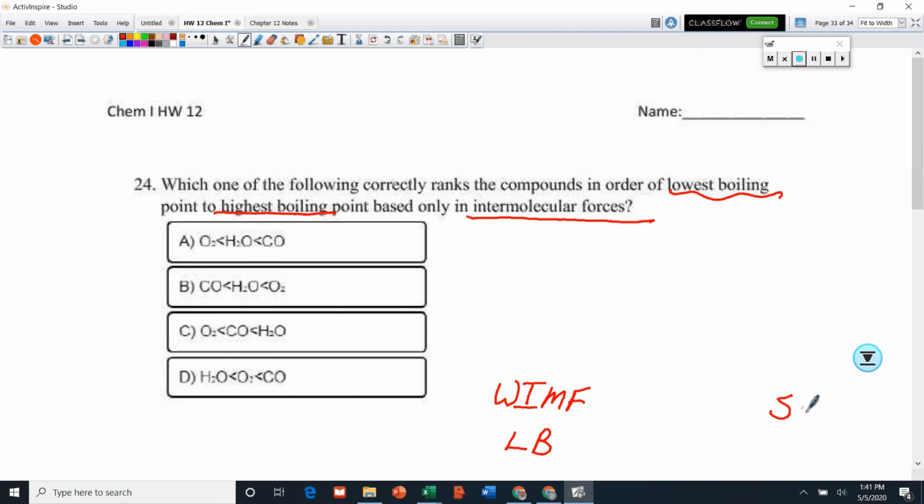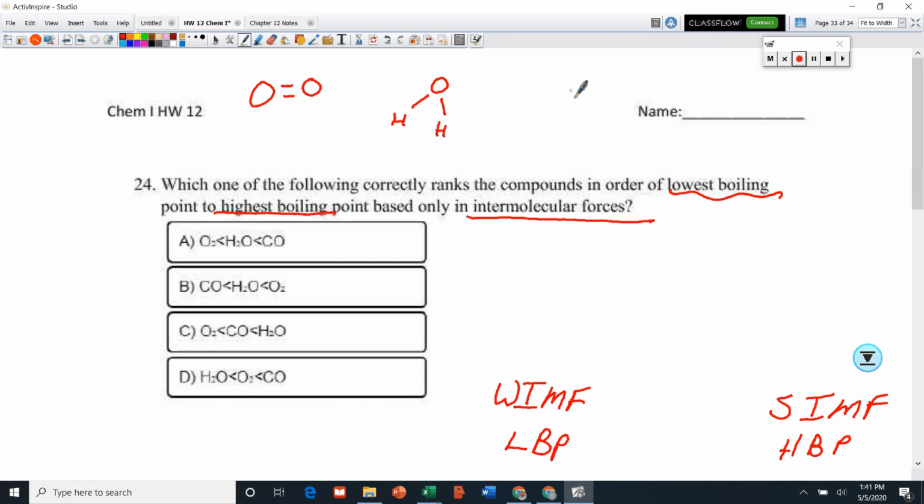Strong IMF will have a high boiling point. So again, O2 looks like that. H2O looks like that.